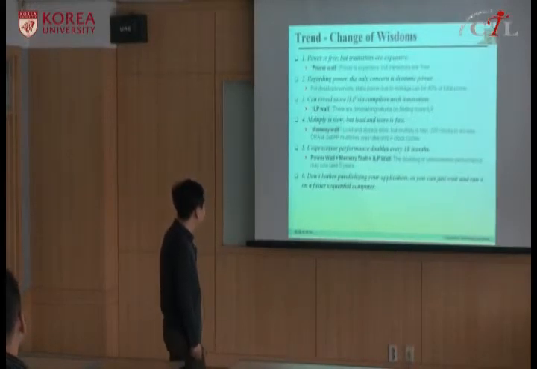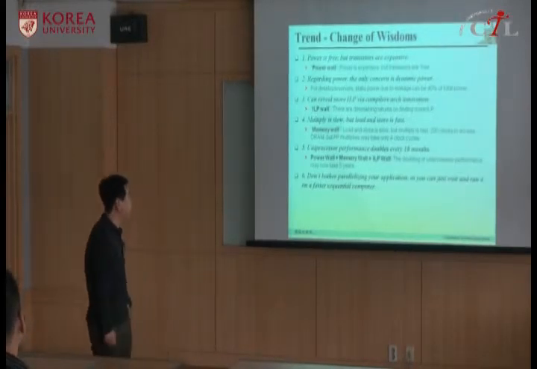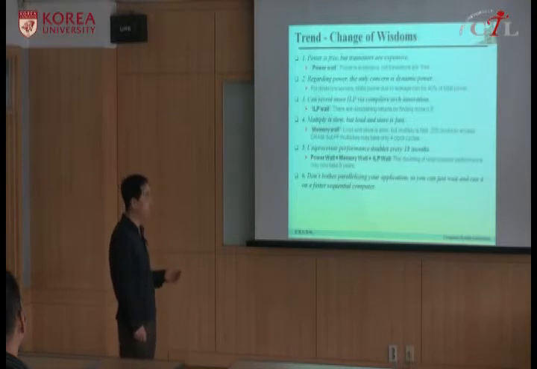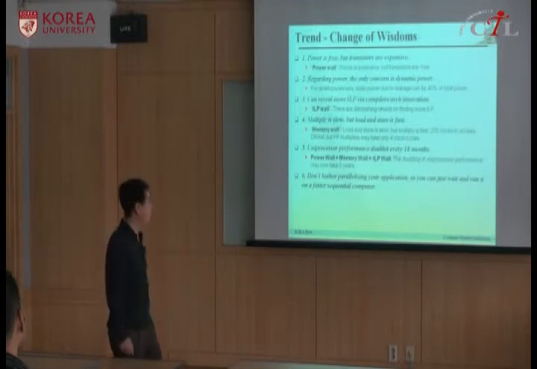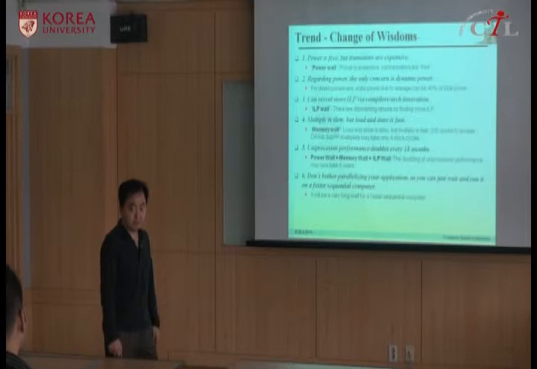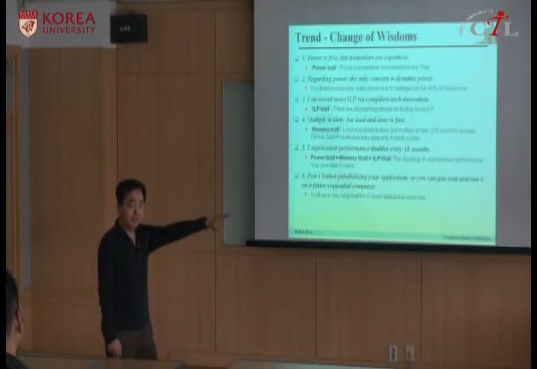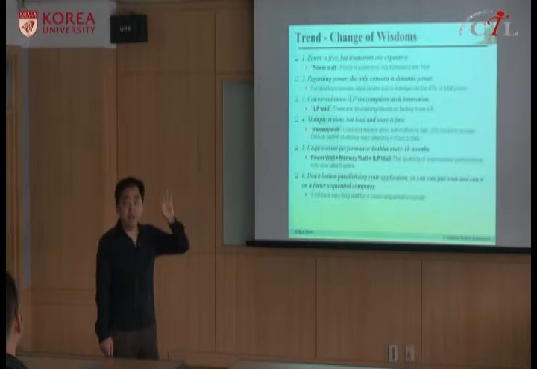And people think, so don't bother parallelizing your application because you can just wait, and in a few years you will see much faster sequential machines. But that's not true anymore, because it will be a very long way to a faster sequential computer. And this is the trend: we will see multi-core with higher throughput, but not single program performance.